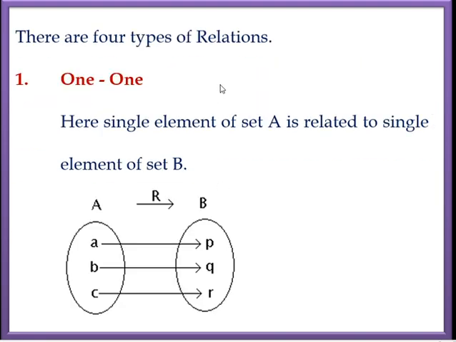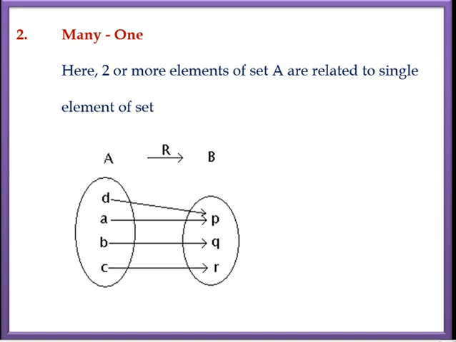Clearly there are 4 types of relations. This is one-one, because one element is associated with one element only. In fact, I could have shown a few more elements in B which are in B but which are not associated with elements of the set A. Similarly in set A also. But what is the requirement? A single element of set A is related to a single element of set B. Then many-one.